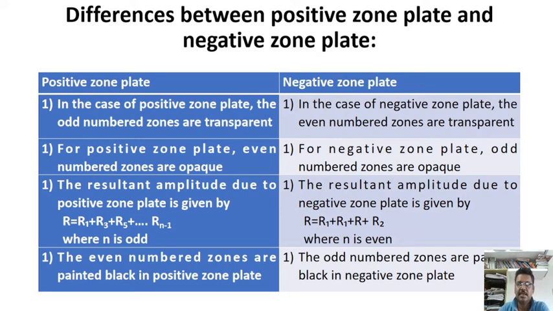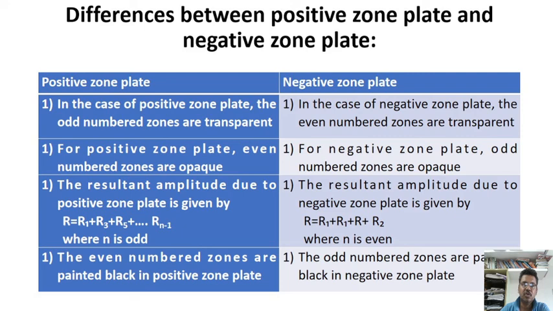Similarly, the resultant amplitude due to the negative zone plate is given by only the even numbers, R2 plus R4 plus R6 plus R8, and so on, where n is an even number. There was a typing mistake here, we will make it correct.